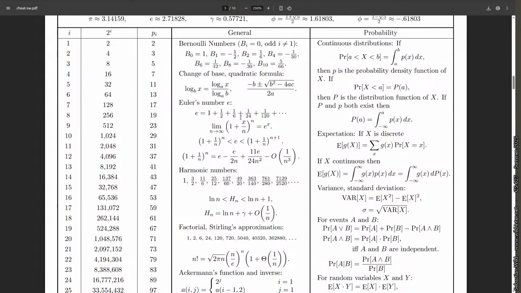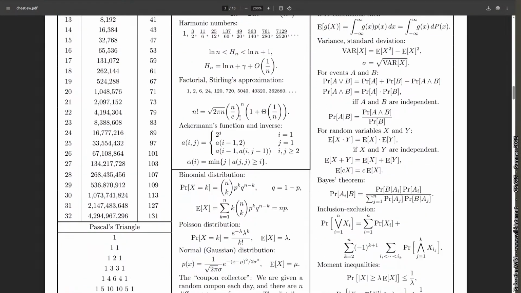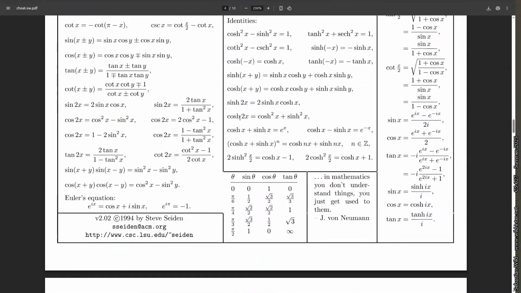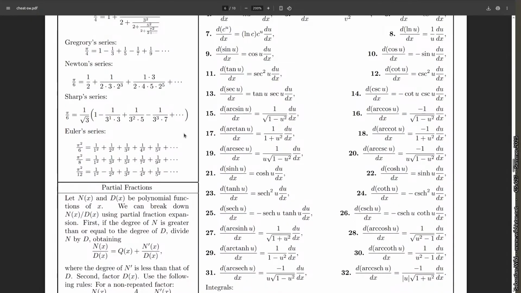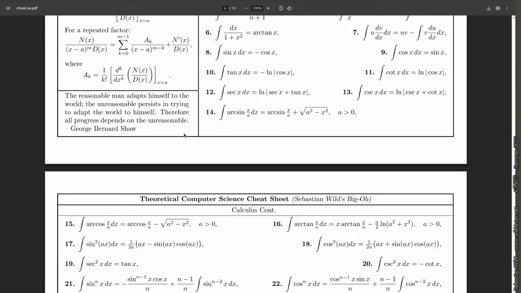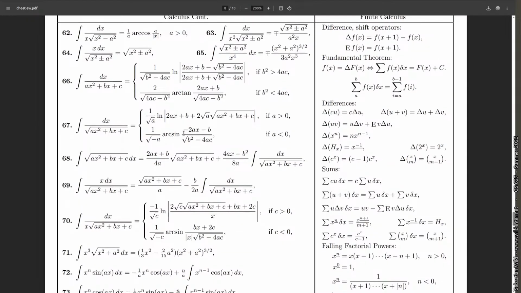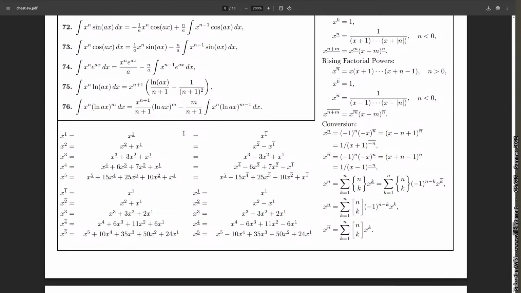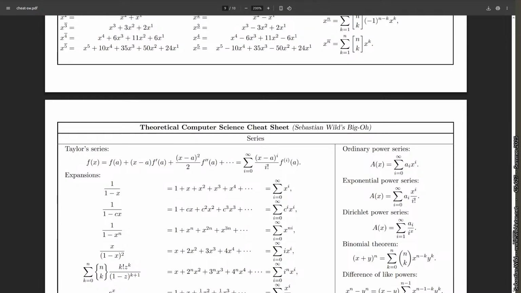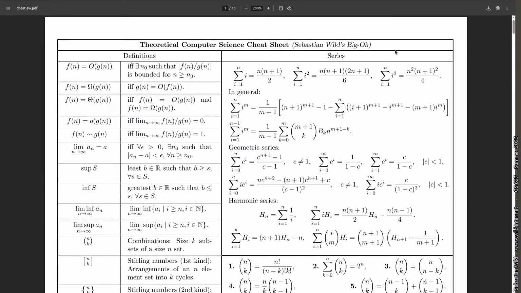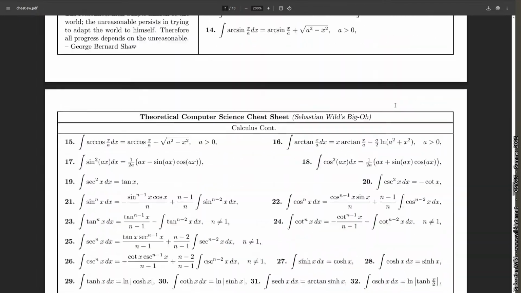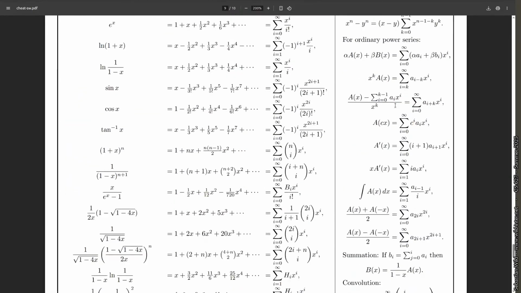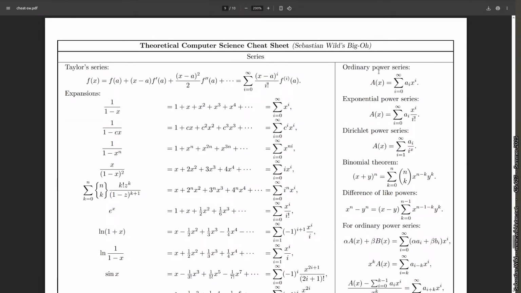You can keep thinking while I'm trying to find it on the cheat sheet. I think the series are further back. I might misremember though. Okay, all the lovely integrals. I think it's on the, no, this is basic, it's on the front. Oh, but there is some mention of generating functions. So while we're there, I might as well show this part. So ordinary power series is what it's called here.